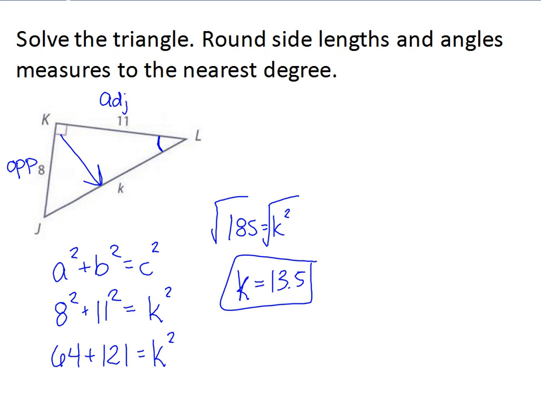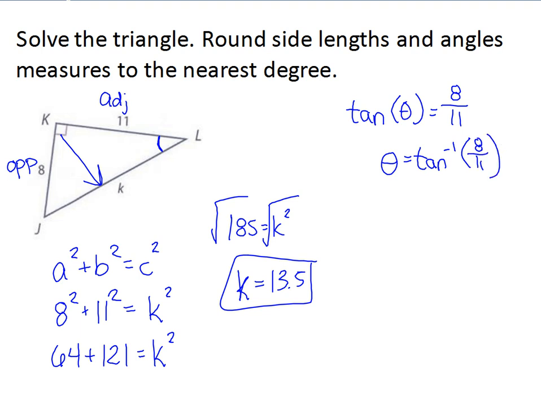So that means we're going to use tangent. Remember, when you are looking for an angle, you use the inverse. And the inverse tangent of 8 over 11 is going to give us the angle L is approximately 36 degrees.